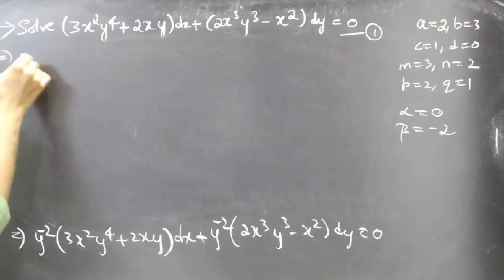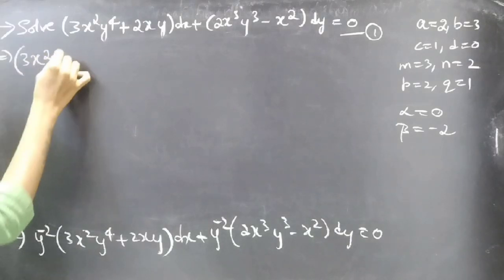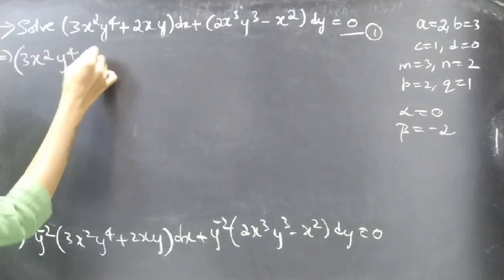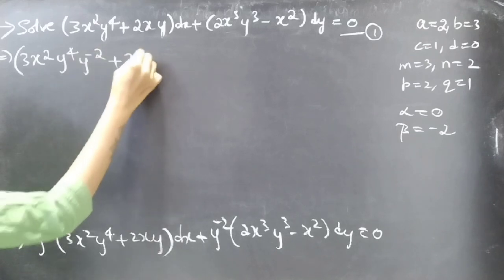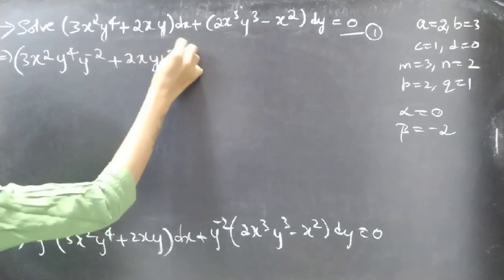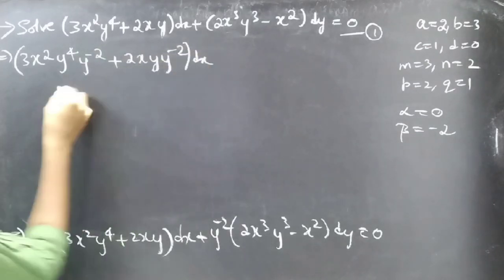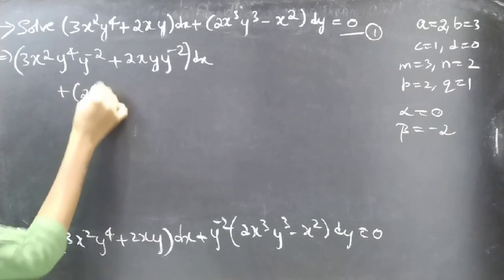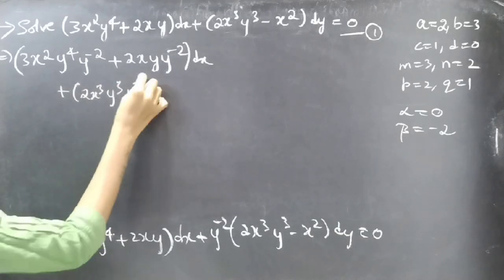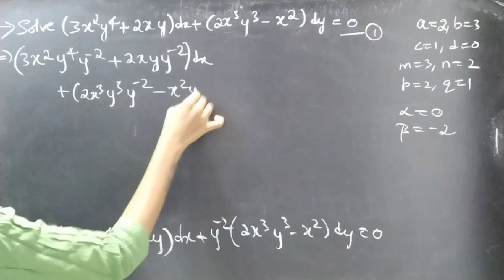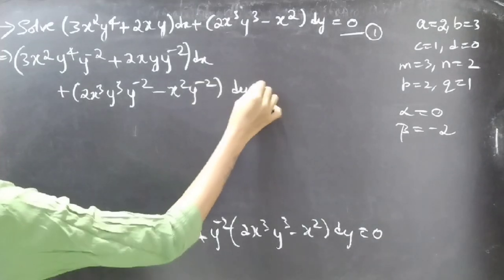This becomes 3x square y power 4 into y power minus 2 plus 2xy into y power minus 2 into dx plus 2x cube y cube into y power minus 2 minus x square y power minus 2 into dy equal to 0.